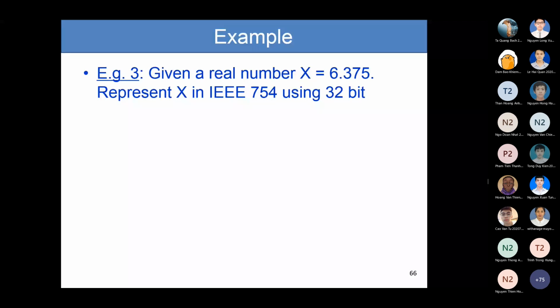Right. So now we have enough information to find the representation. It means we have r equal to 2 because we use the binary system. We have s equal to 0 because it is positive. So we have e equal to 2, right?